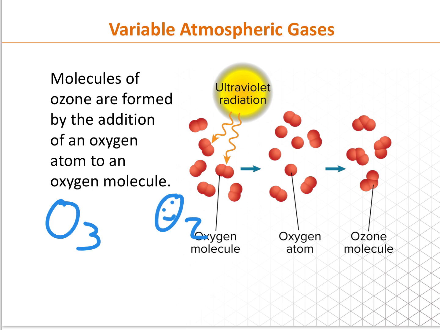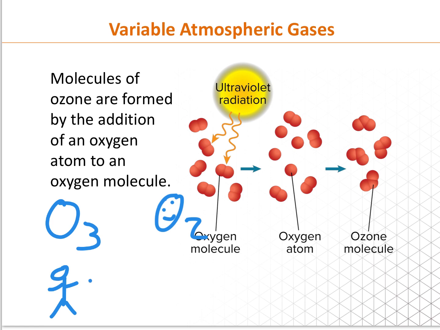But ozone in the stratosphere, which is going to be the layer of the atmosphere above us, makes us happy down here, right? Because we want the UV radiation to be absorbed, as you're seeing in this diagram. It's going to stop it from making it all the way down to Earth.